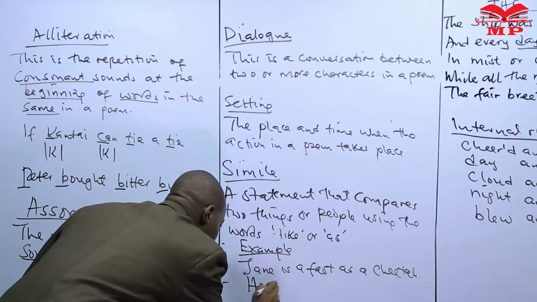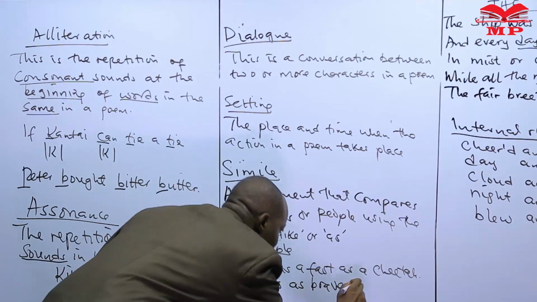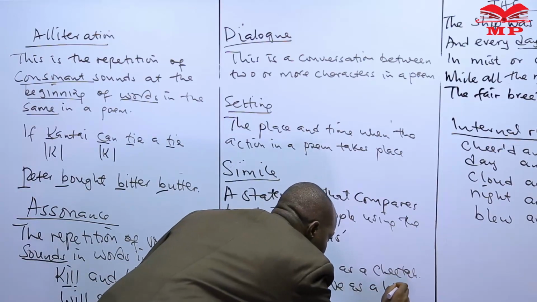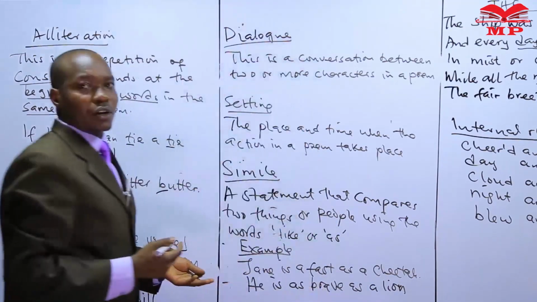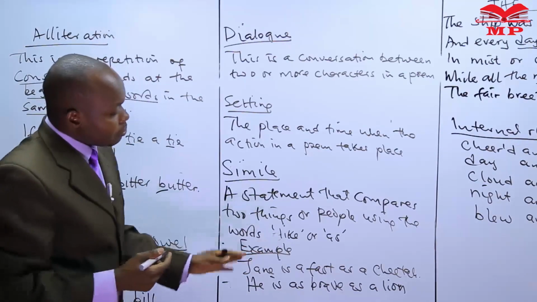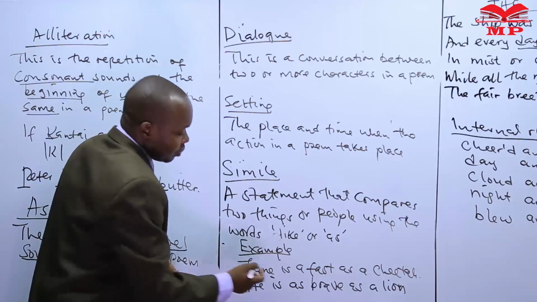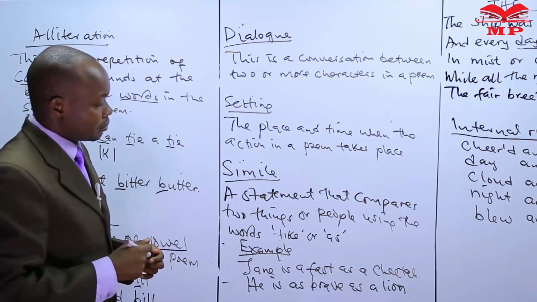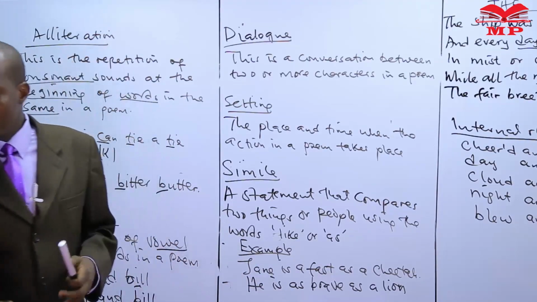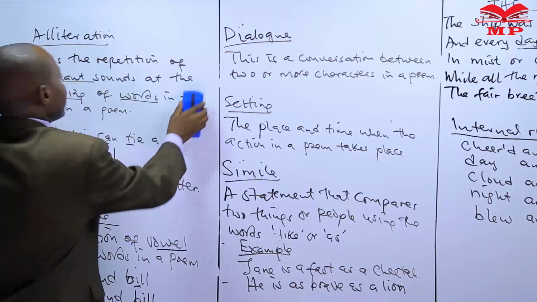He is as brave as a lion. Again, you can see we are comparing this person. He's brave like a lion. So we're comparing those two aspects. So we call this a simile. And you can have many more. I wanted to give other similes that you may know of.